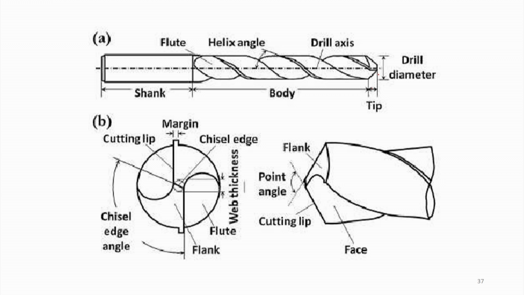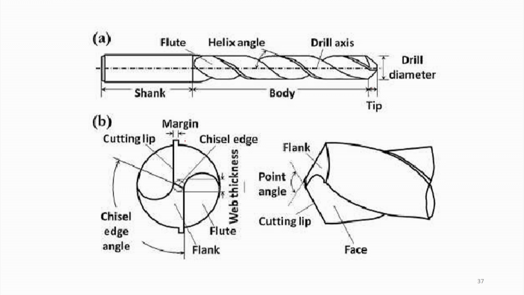Here you have the cutting lips, one cutting lip here and another here, and this is the point. This is the point angle, and this portion is the flank, because the cutting edge is there and the side surface is the flank, and the body is a little lower compared to the cutting lips.